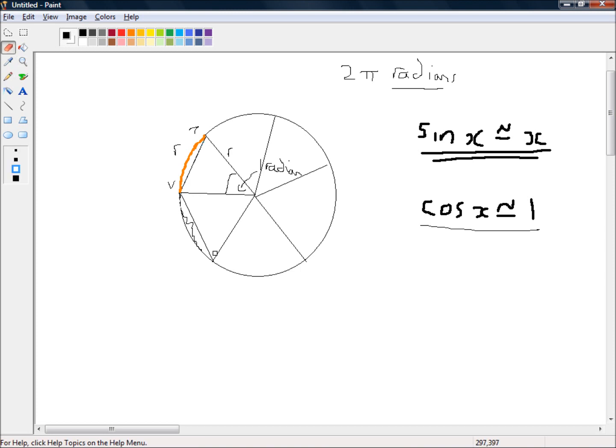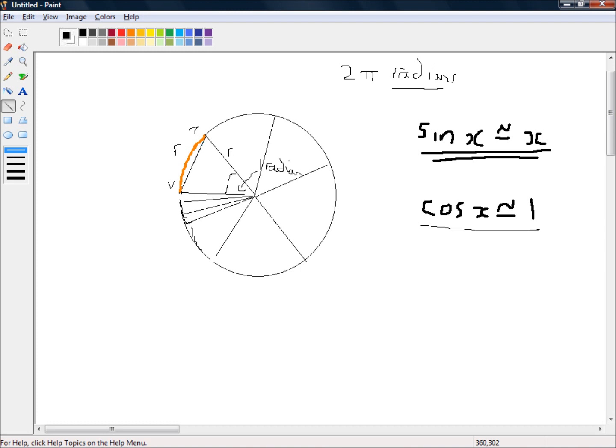However, if I split this into much smaller triangles, so if I have a tiny little triangle here and another tiny little triangle here, the amount of gap left over is very small.